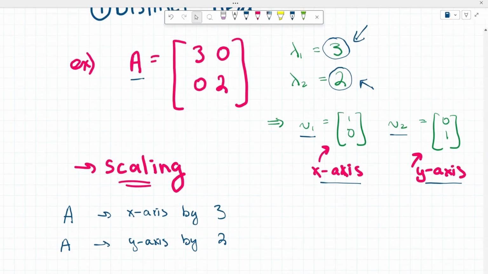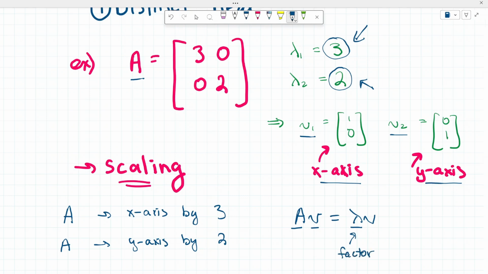So this makes sense if you think about our eigenvalue-eigenvector equation. We have Av equals lambda v, where A is our matrix, v is our eigenvector, and lambda is our eigenvalue. So when we apply matrix A to our eigenvector, it scales our eigenvector by a factor of lambda.